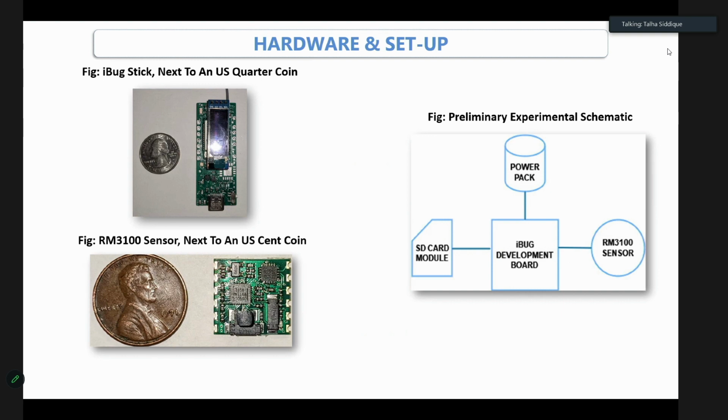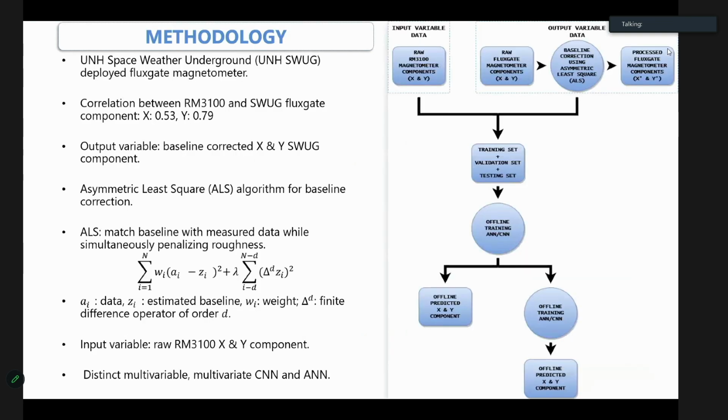On the right, you will see the schematic diagram of the basic components that were deployed. The University of New Hampshire has a program called Space Weather Underground, which employs high school students to deploy fluxgate magnetometers, and these magnetometer data are available online in the university data repository.